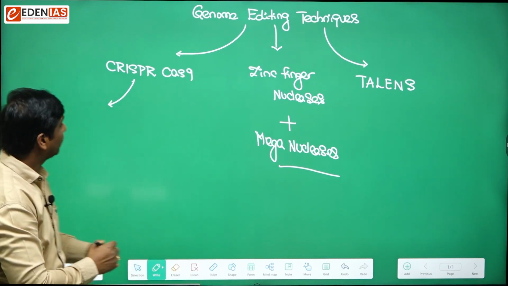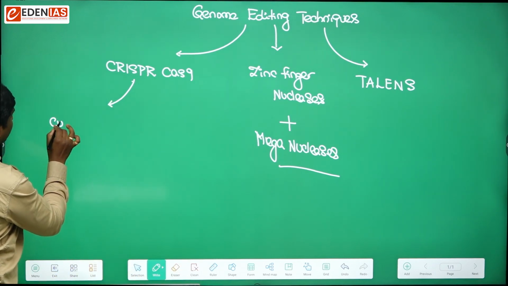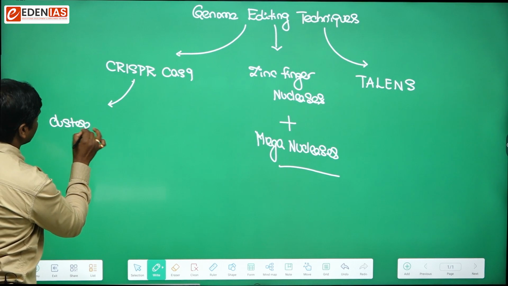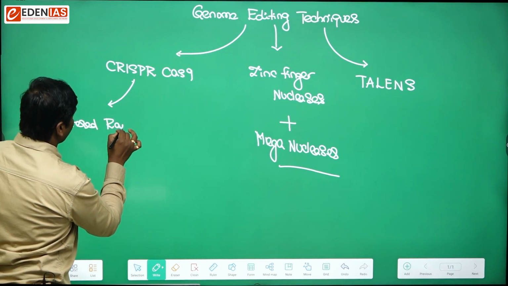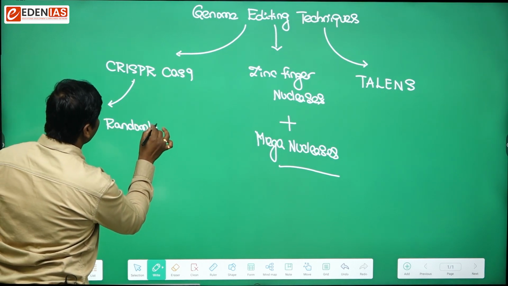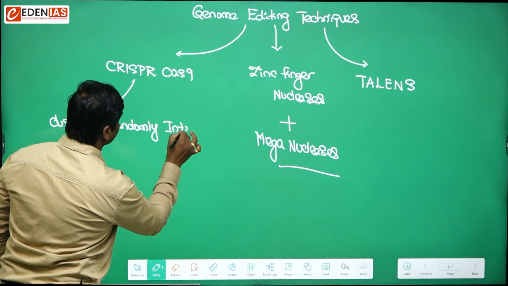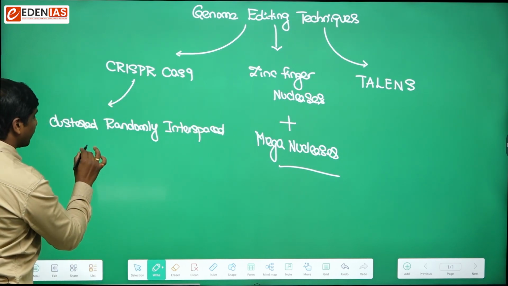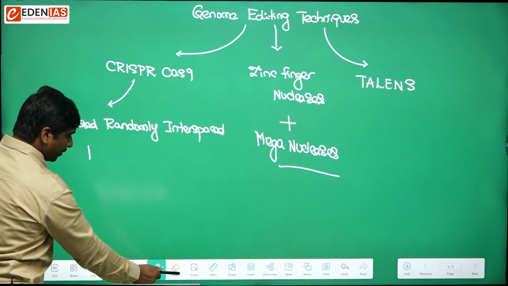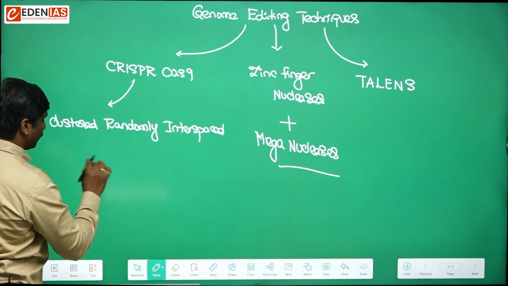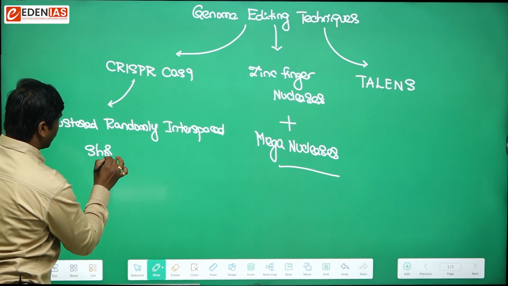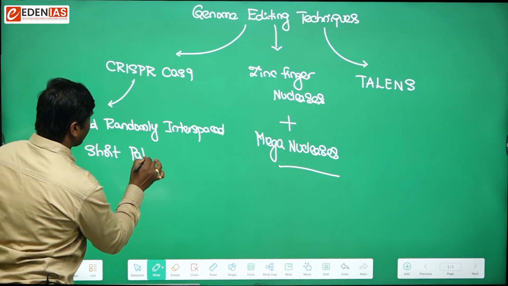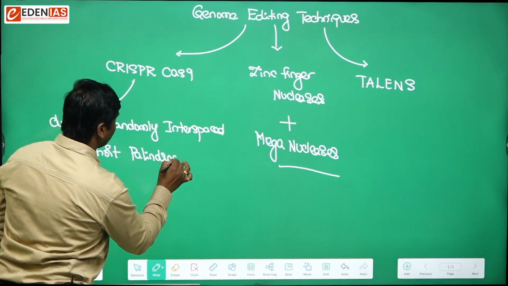clustered randomly interspaced. Can anyone say? Randomly interspaced? Can anyone fill in the rest?